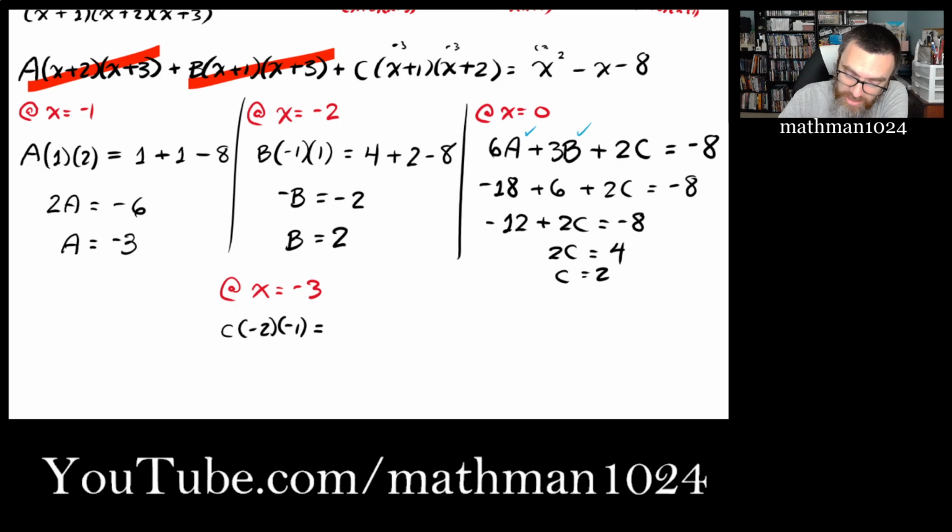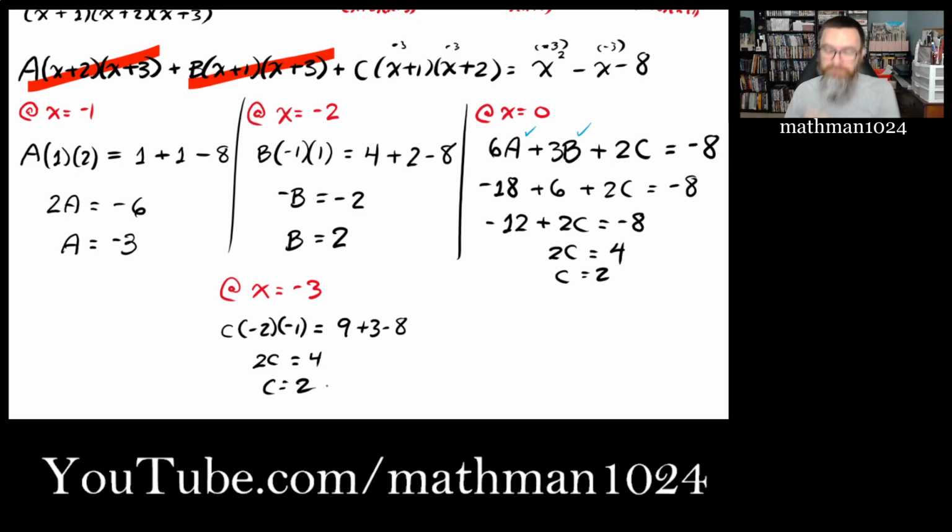Plug in negative 3 over here, so that's going to be 9 plus 3 minus 8. So we have 2C equals 12 minus 8 is 4. C is still equal to 2. So we have all of the pieces that we need. We have A, we have B, and we have C.